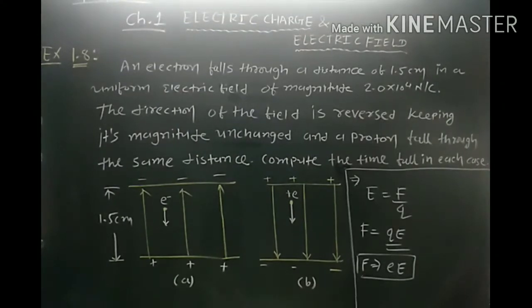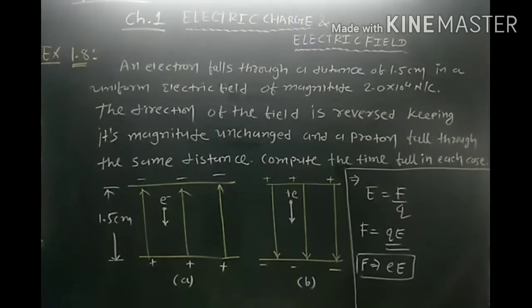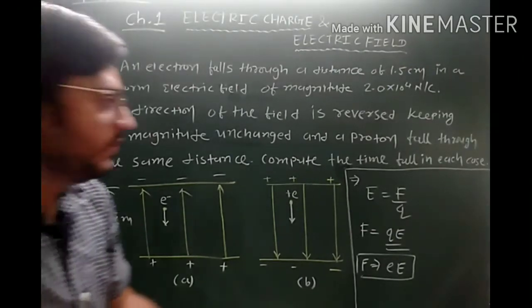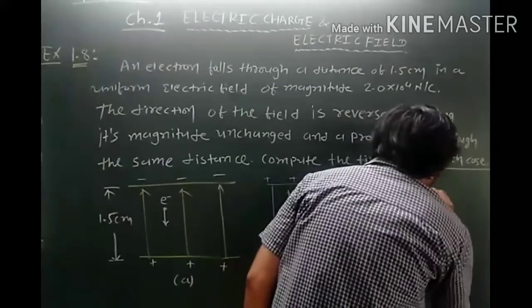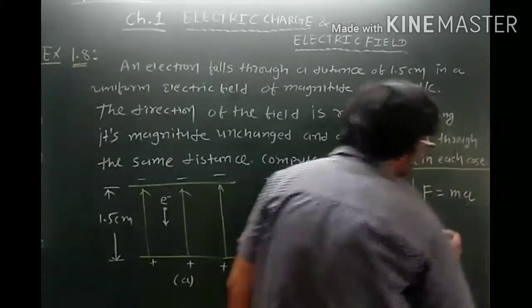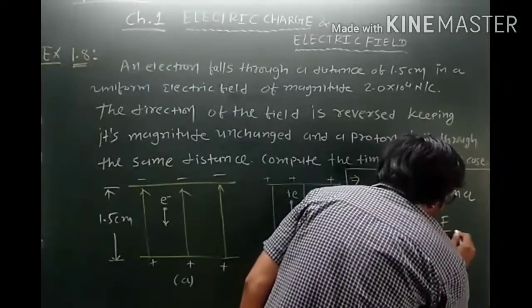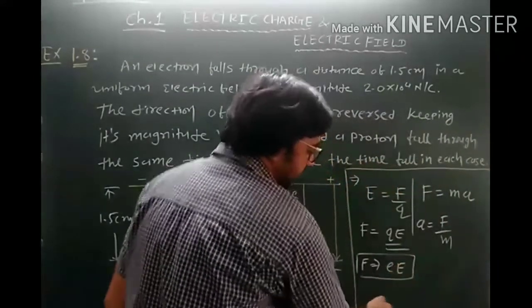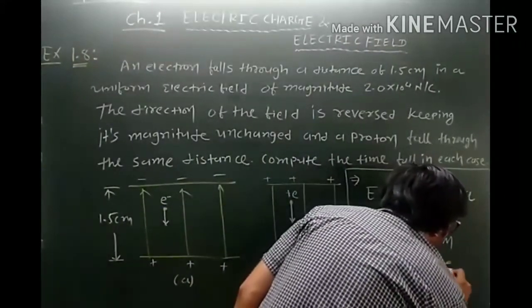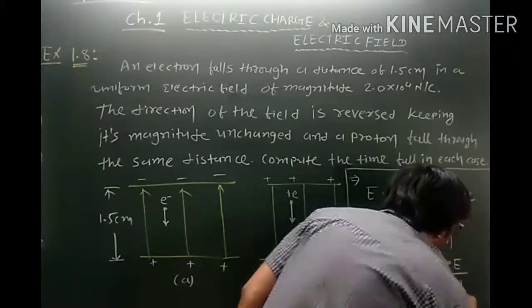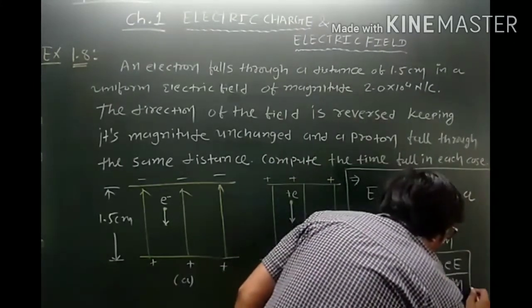The acceleration of the electron is a equal to eE by m_e. How does it come? From Newton's second law, F equals ma. So the acceleration is F by m, and F is nothing but eE, so a is eE by m. That is how we get the acceleration.